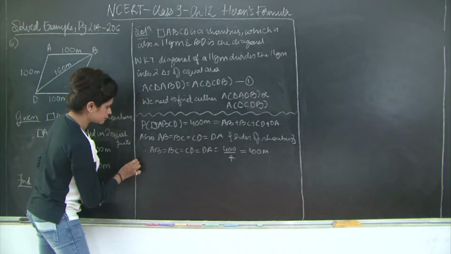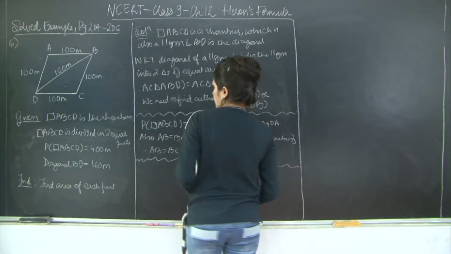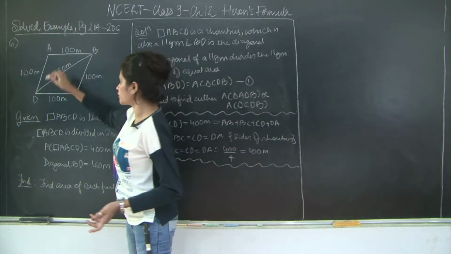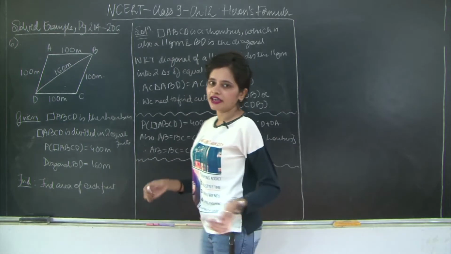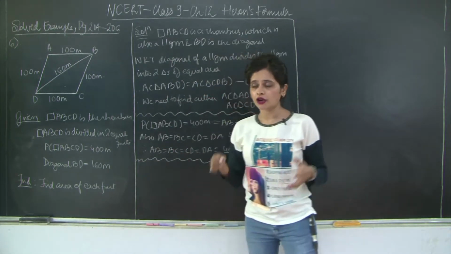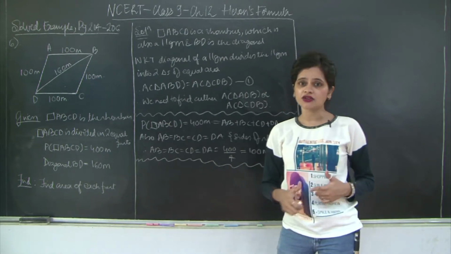Alright. Now we'll find, let's say area of either of the triangles are equal, right? So we'll just go ahead and find the area of triangle ABD. So to find the area of triangle using Heron's formula, you need to find the semi-perimeter. You need the semi-perimeter and the three sides.